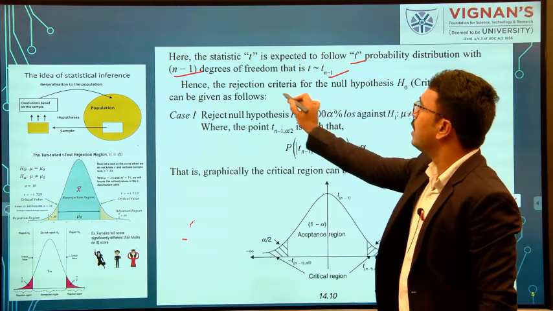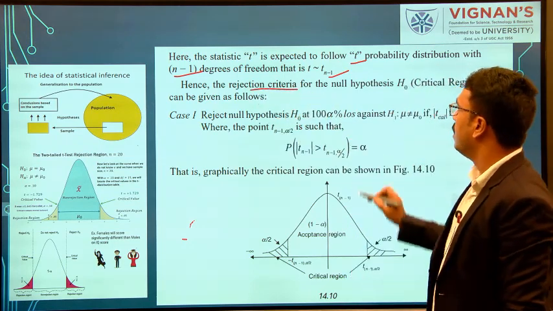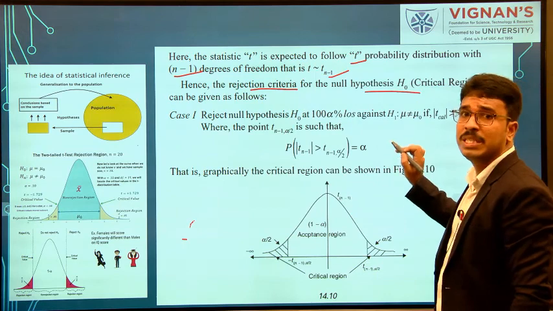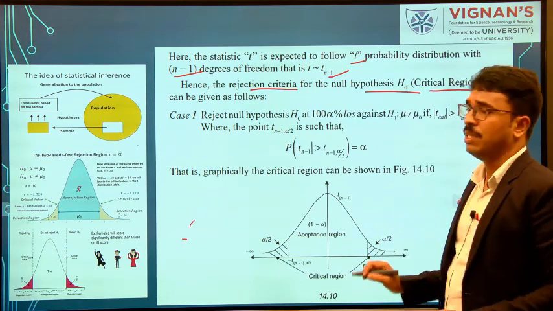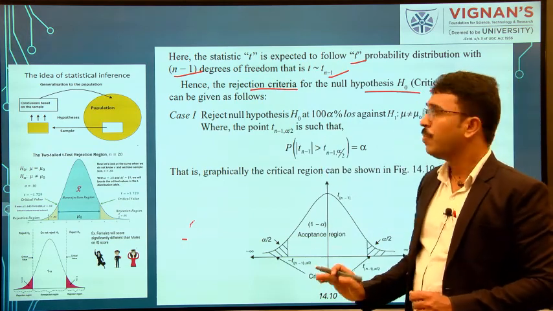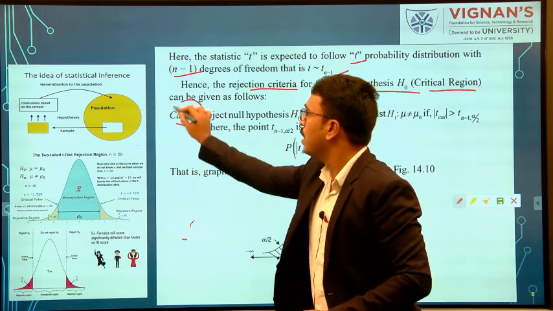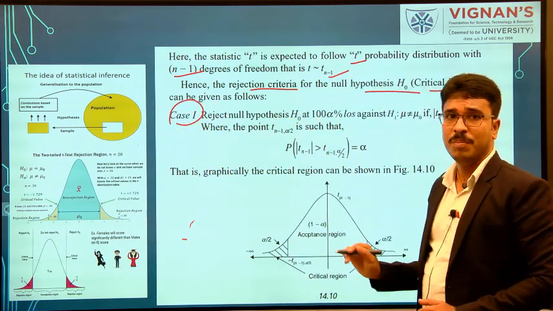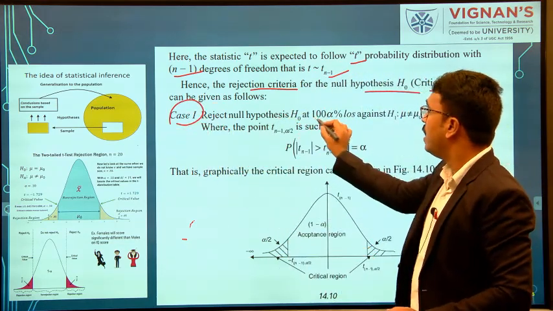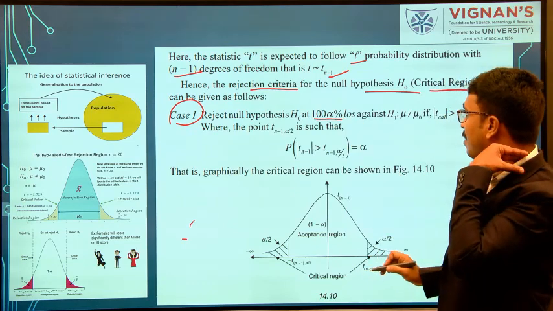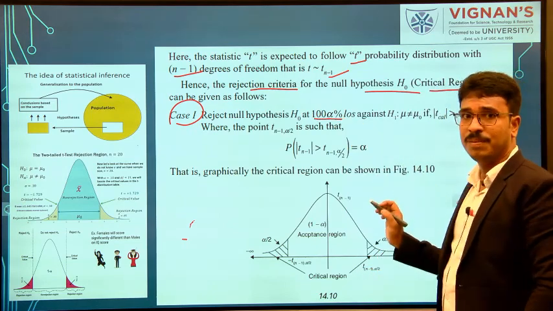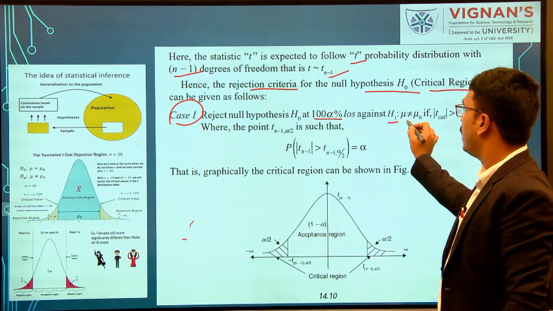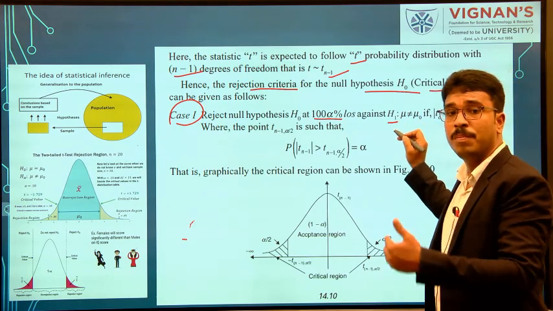Hence the rejection criteria for the null hypothesis, which is nothing but the critical region, will be given as follows. In case 1, we are going to reject the null hypothesis H0 at 100 alpha percent level of significance against H1, that is mu is not equal to mu naught.